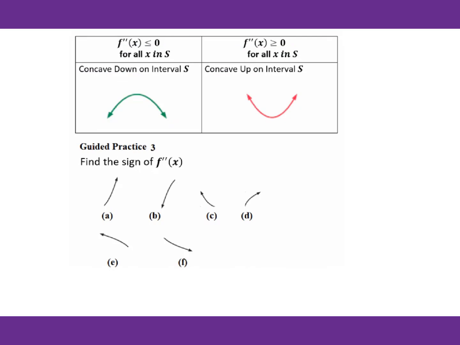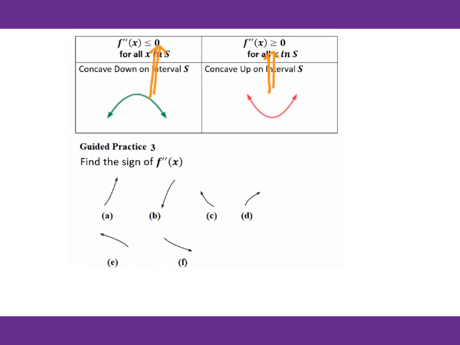In other words, when you see the graph concave down, it means the second derivative is less than or equal to 0. When you see the graph is concave up, it means the second derivative is greater than or equal to 0.